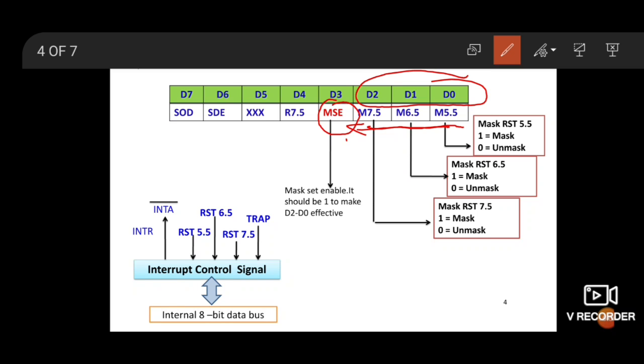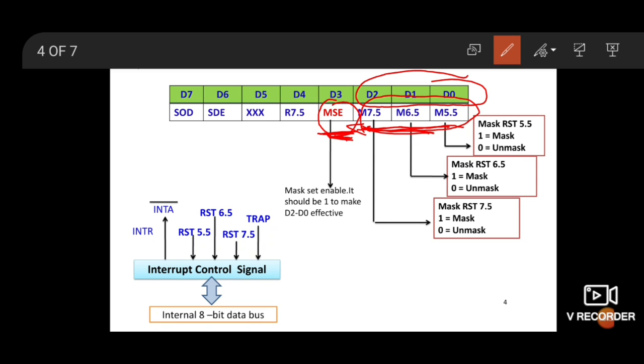MSE is a global pin. Why is it called a global pin? Because these three pins depend on the MSE pin. Without this pin you can't use these three pins. If 1 is there, then it is activated.